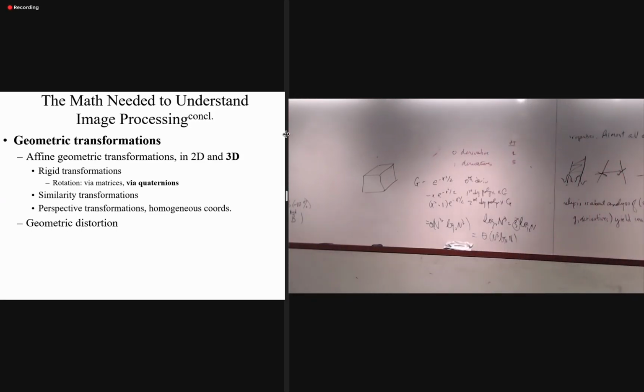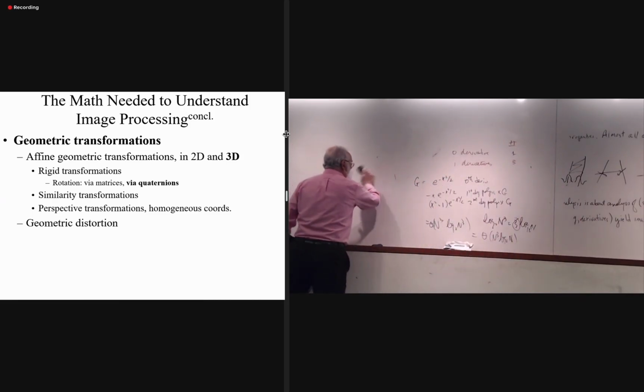And they fall into the categories that I have listed here. There is a set of transformations, and now when we talk about transformations, we're talking about really transformations on the coordinate system.